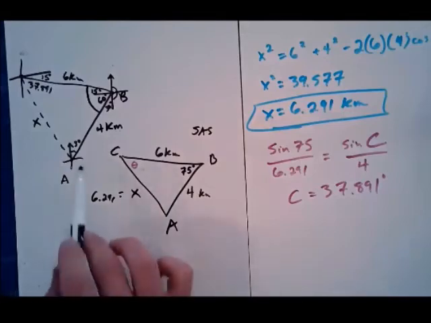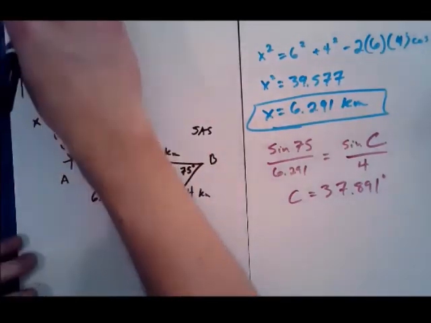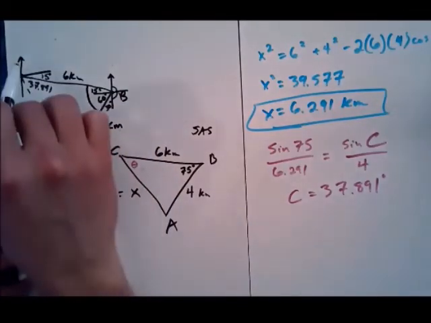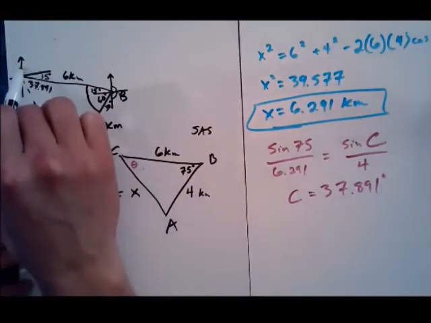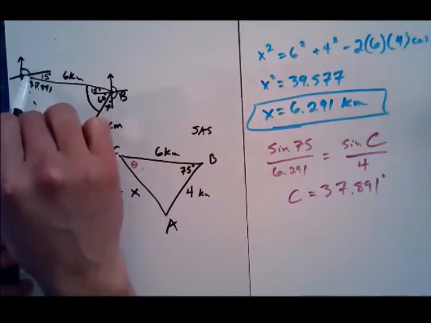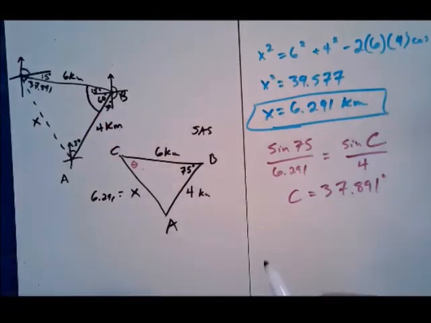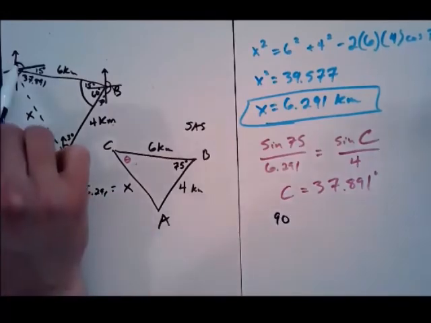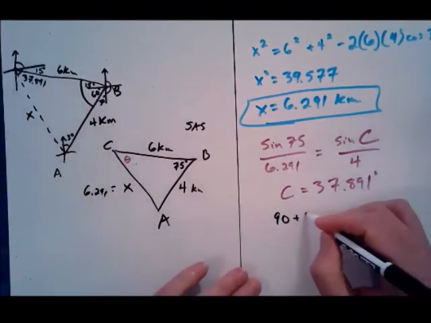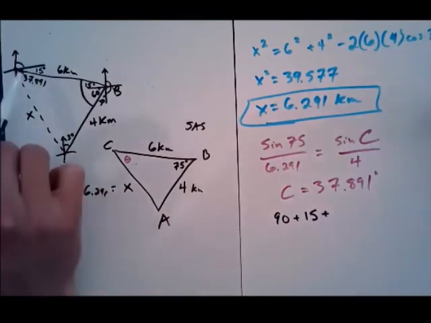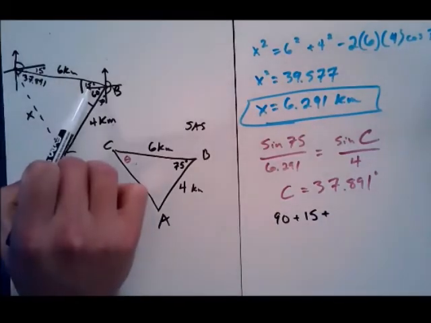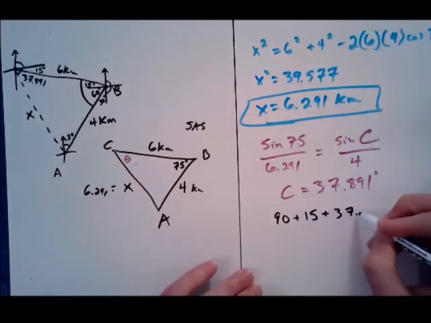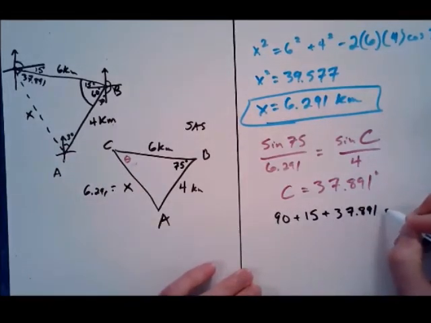At that point, looking at how I found my heading of this whole problem, my heading is found off of north, going clockwise. So the total degrees from here down to there is going to be 90 degrees for this first chunk, plus 15 degrees for this second chunk that again is alternate interior with 15, plus 37.891 degrees.